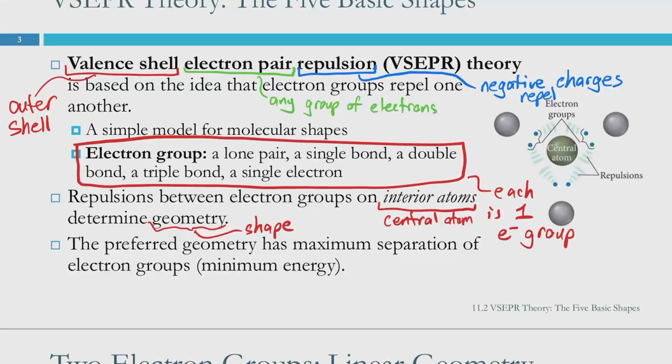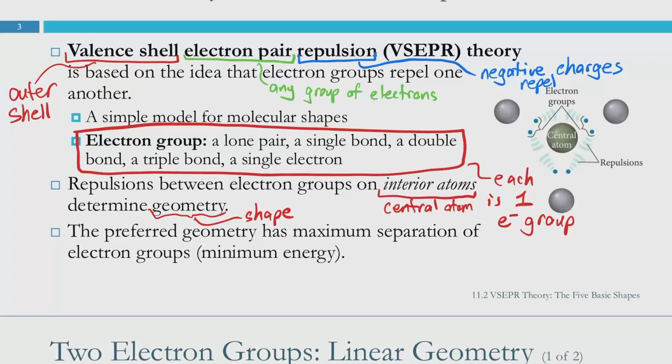The closer that they get, the more they repel, the higher the energy that it takes for you to keep them there. It's the same way for our electron groups. They will repel each other. They will try to spread out as much as possible.